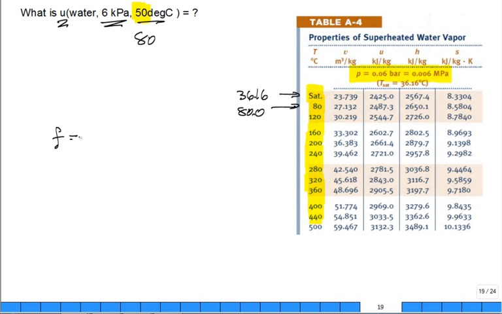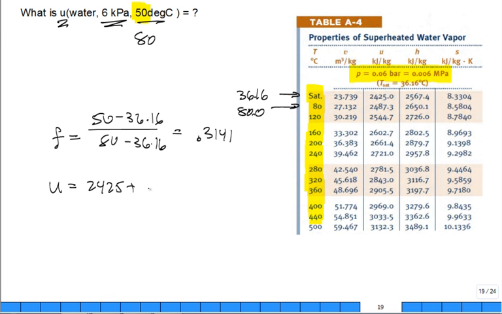For the fraction of the way, I like to bust it into two steps. First, the fraction: 50 minus 36.16 divided by 80 minus 36.16, which is about 0.31, so about 31% of the way between the lower value and upper value. Then I use that fraction to get u equal to 2425 plus (2487.3 minus 2425.0) times that same fraction, 31%.